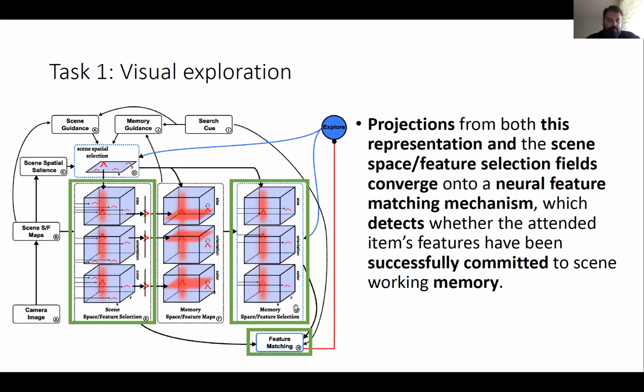And then the feature matching subnetwork can compare the currently attended object and the current object in memory, and when both are equal, so the condition of satisfaction node of the feature matching subnetwork is activated, we know that the currently attended object was stored successfully in working memory.